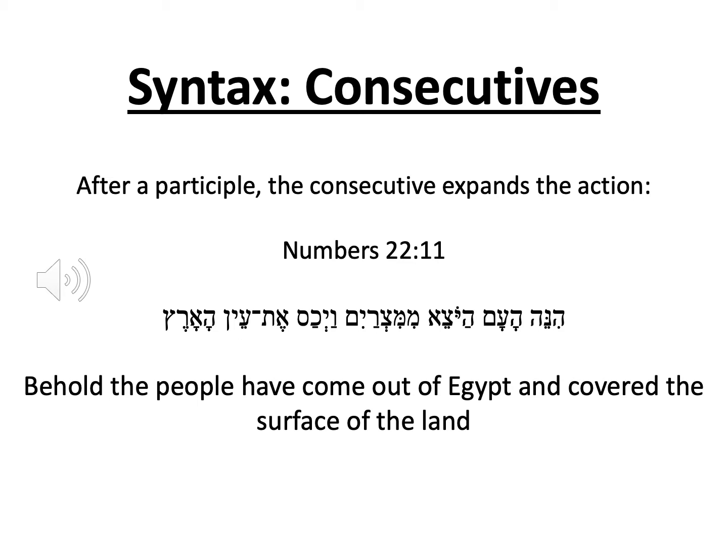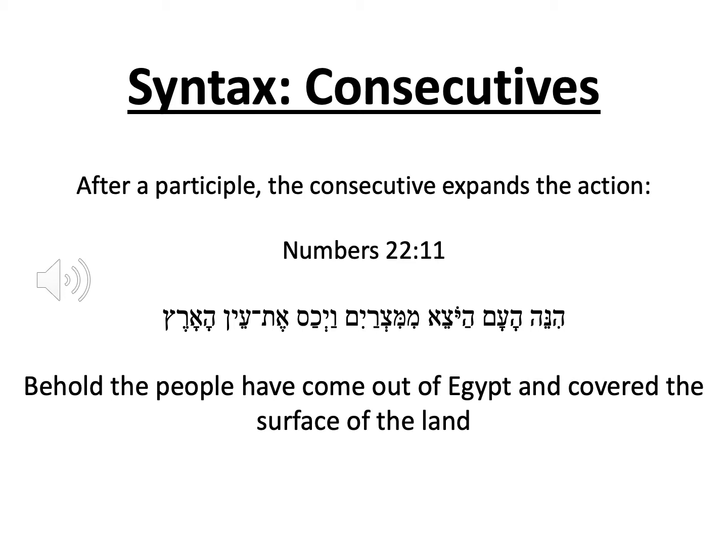Sometimes the consecutive is used not to give explanation and not exegetically, not used to indicate succession. Sometimes it's used to indicate expansion. So here we're told in Numbers 22:11 that the people have come out of Egypt and covered the surface of the land. The point is not that they have vayakas, covered the surface of the land, consecutive to having come out of Egypt, even though that obviously makes sense, but the fact that when they came out of Egypt, they covered the land.